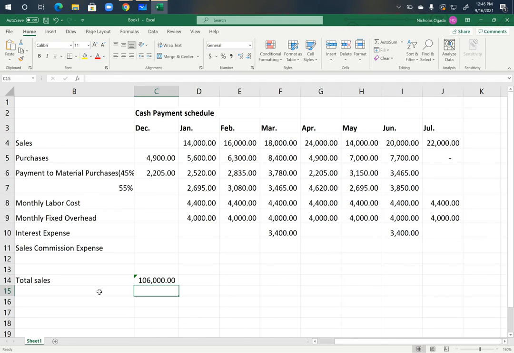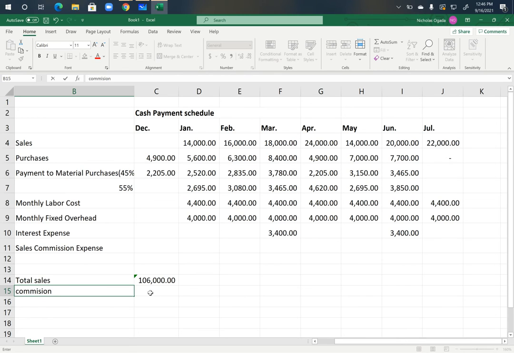In terms of the commission, you are basically paying 2.5% on these sales.